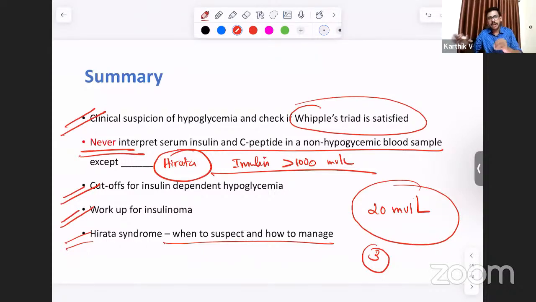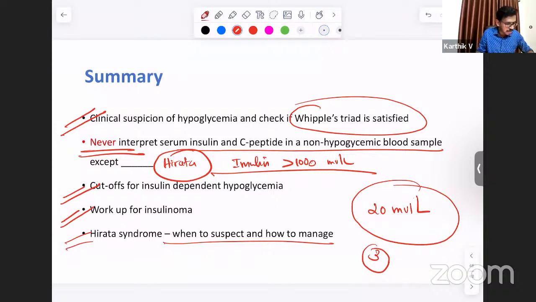But you expect the insulin levels to be even lower or undetectable in a situation of hypoglycemia. So either normal or high insulin levels in the setting of hypoglycemia is considered significant. That means hyperinsulinemic hypoglycemia can be diagnosed in a patient with unsuppressed insulin levels during hypoglycemia. Unsuppressed means either normal or high.